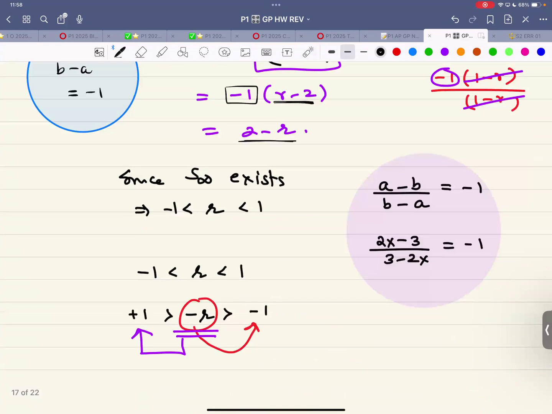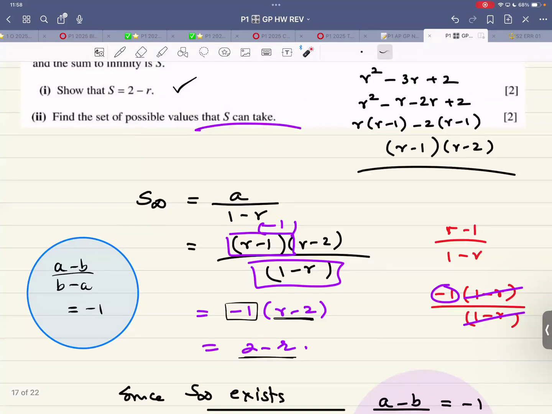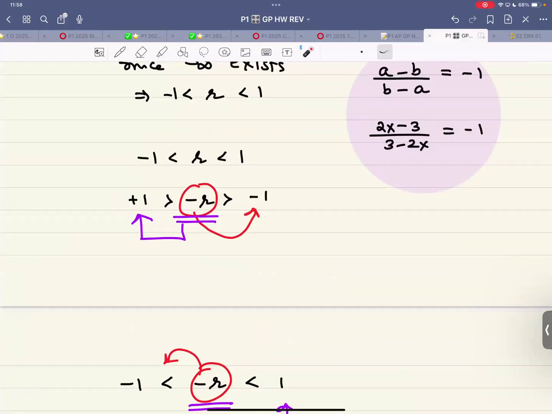Second part, since sum to infinity exists, the common ratio should lie between -1 and +1. Now over here, they are saying find the set of possible values that S can take. S is 2 minus R. So what I have done is that first I have written R lying between -1 and 1. I multiplied R with a negative. What happens? -1 becomes +1, +1 becomes -1, and the inequality flips.